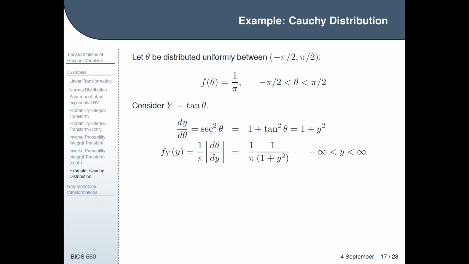If you've ever seen the Cauchy distribution before, that is the density function for the Cauchy distribution. So, like I said, if you ever needed to generate Cauchy random variables to prove that your method works even when the data is really strange, that's how you would do it. R will generate Cauchy random variables for you, so in practice you probably won't need this unless you're programming in C or something like that, but that's how it's done.